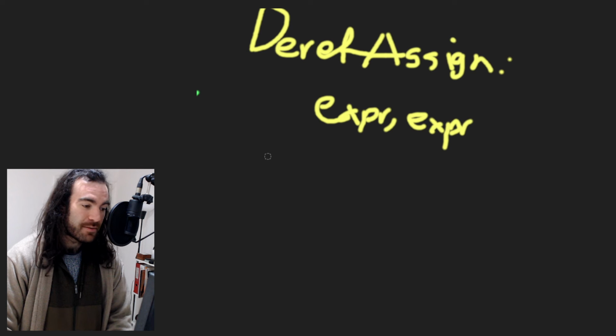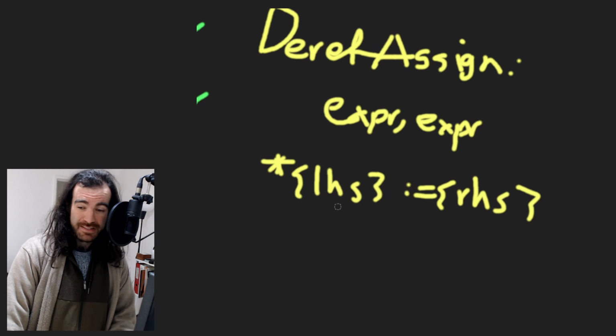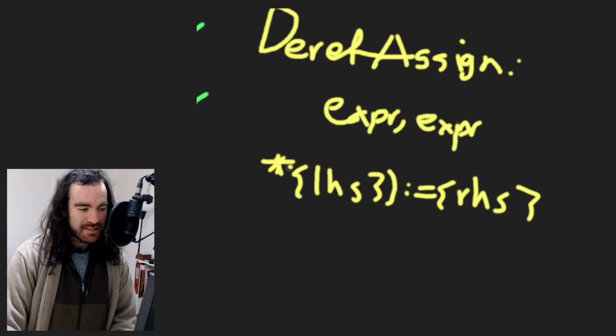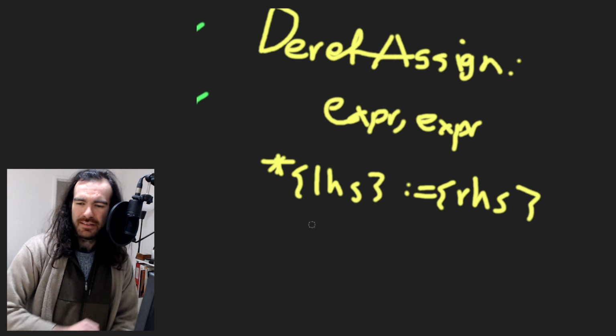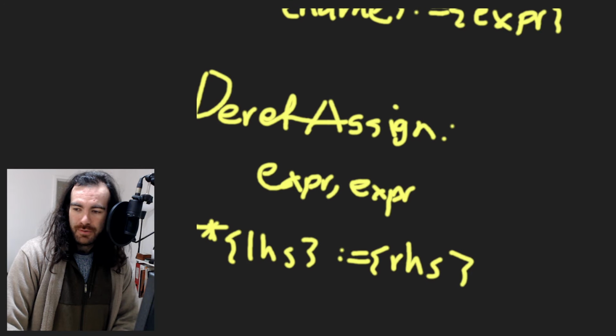And the rule is gonna be star left-hand side equals right-hand side. Does that make sense? And this, I guess, can optionally be wrapped in brackets, but maybe not.